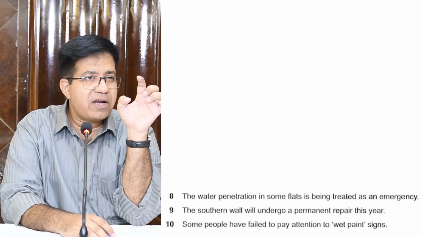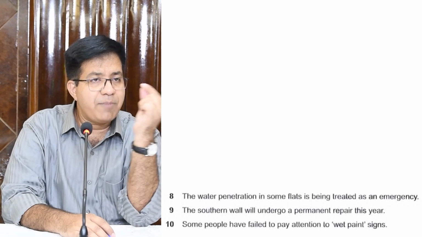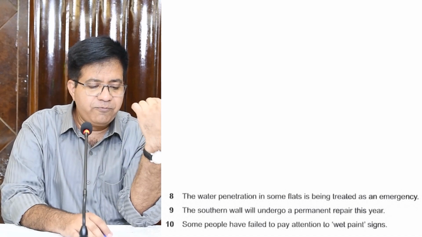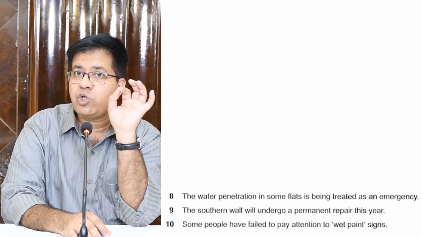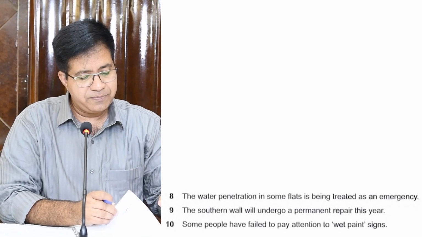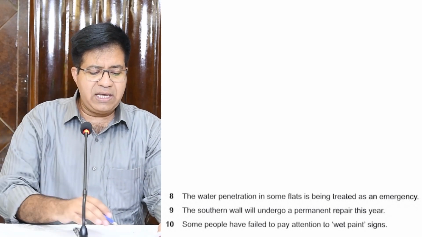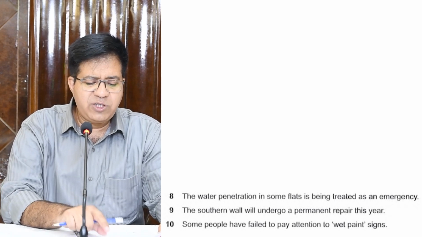See, if you hit the right word in true, false, not given, you know I have to see temporary or permanent. In question number 8, you have to see emergency or normal. So once you read the question carefully, you can easily see all these things. Question number 10, some people have failed to pay attention to wet paint sign.